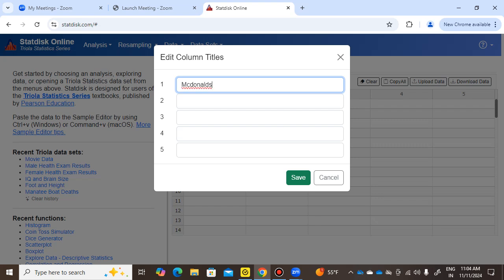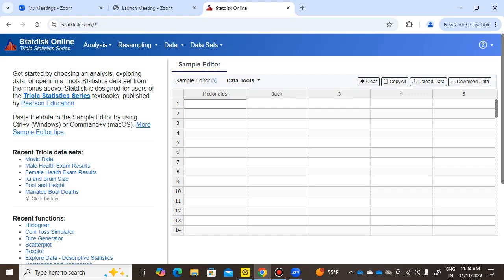McDonald's, Jack. There. And type this in: 287, 128, 92, 267, 176, 240, 192, 118, 153, 254, 193, 136.